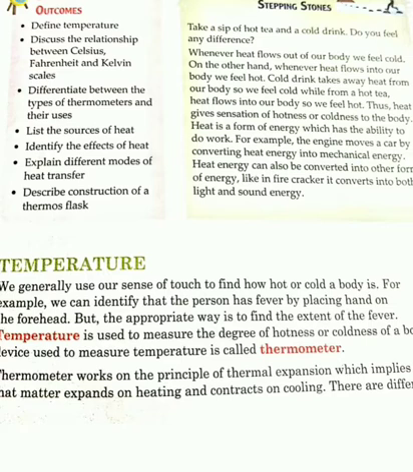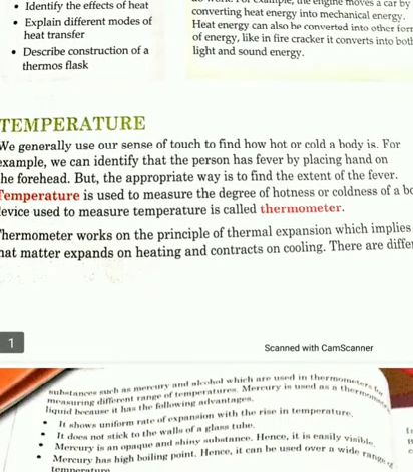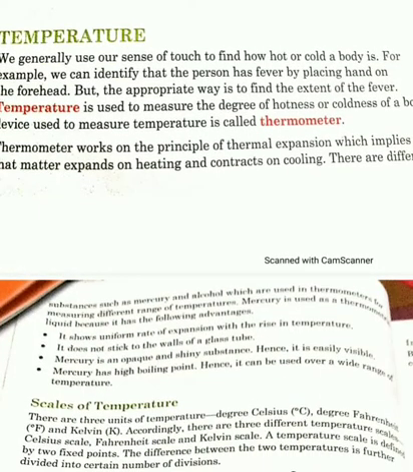So we all are surrounded by different forms of energy, and out of that one is heat energy, which can be measured by temperature. So temperature is used to measure the degree of hotness and coldness of a body. And we have completed that a thermometer is a device which is used to measure temperature.